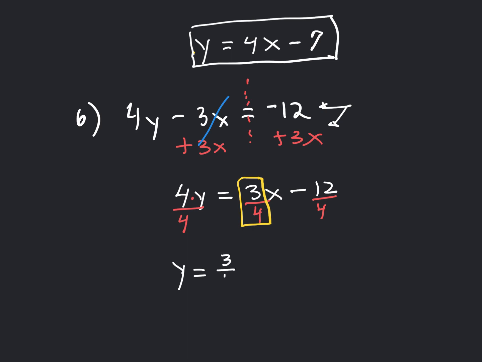Don't forget if the fraction can be reduced, you should reduce, which it can't be. And then isn't negative 12 divided by 4 negative 3? If you can't divide it, that means your answer is just a fractional answer. And if it can be reduced, you should reduce. Okay, I hope this helps you with writing equations in slope-intercept form.